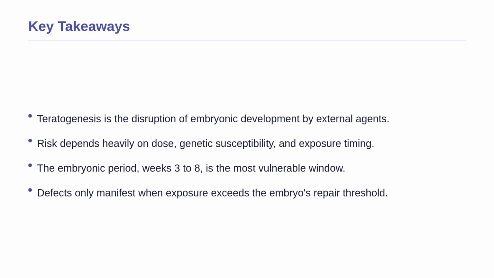It is heavily dependent on the exact timing of the exposure and whether the dose crosses the embryo's natural repair threshold. By mastering these biological concepts and mathematical models, scientists and doctors can establish safe exposure limits and protect the health of developing babies worldwide. You now have a solid understanding of how birth defects occur.